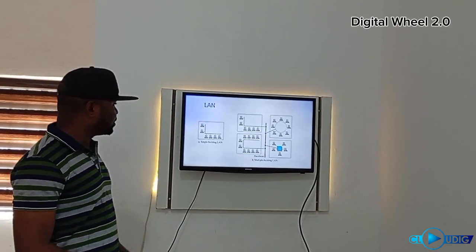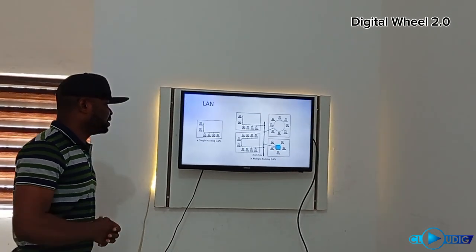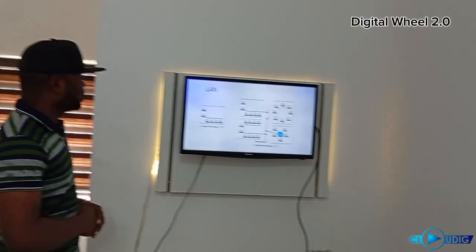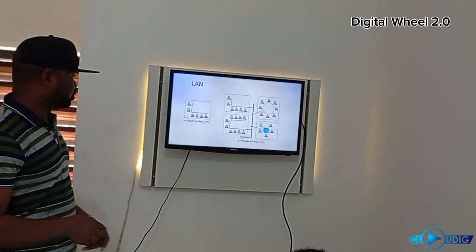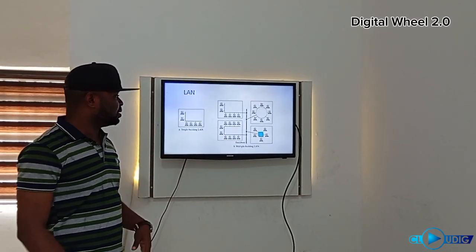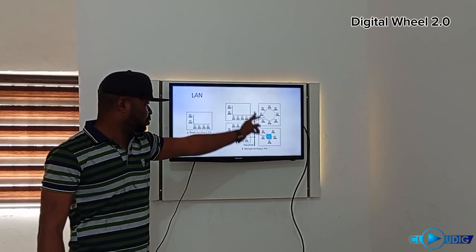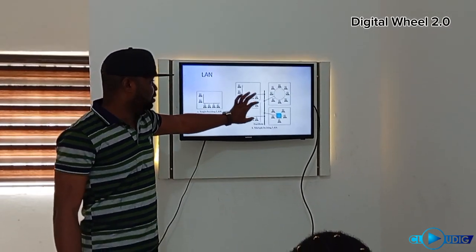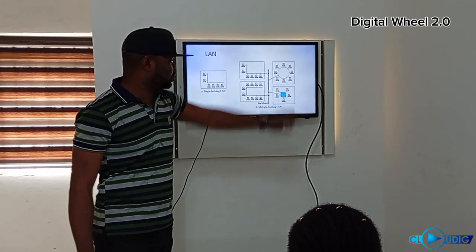So let's see. Now you can see this diagram, a simple diagram of a LAN network. You can see computers connected. You can see this is the backbone. Because this is a building, this system has one building and this system has another building.